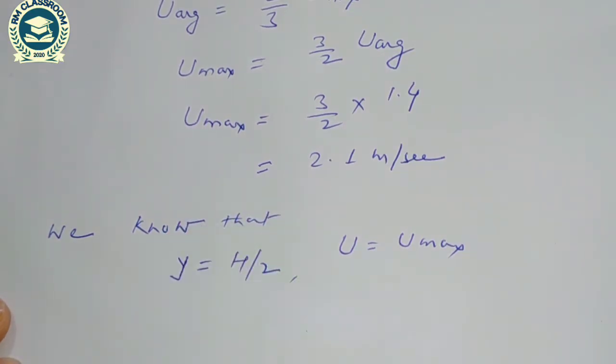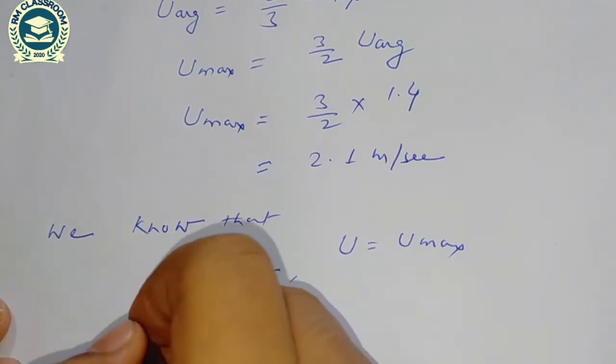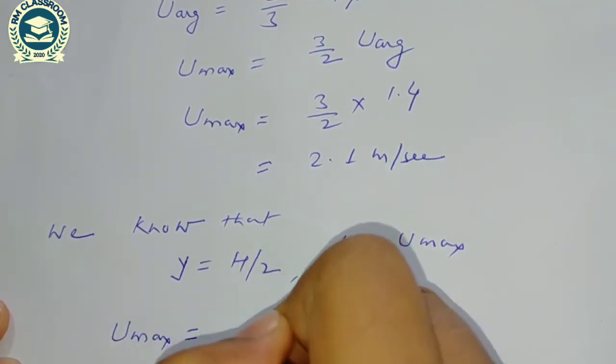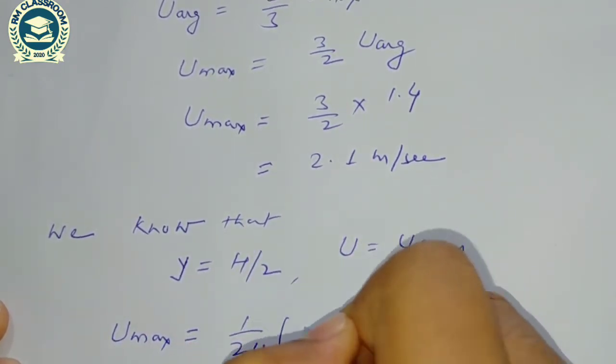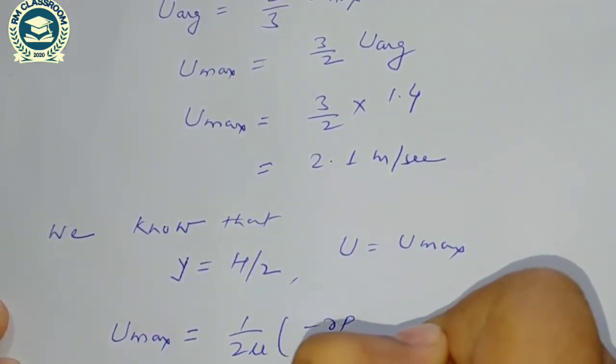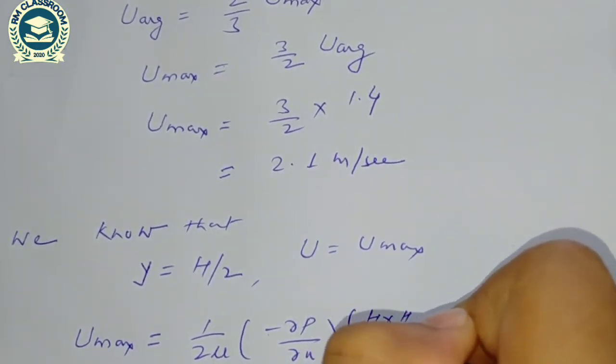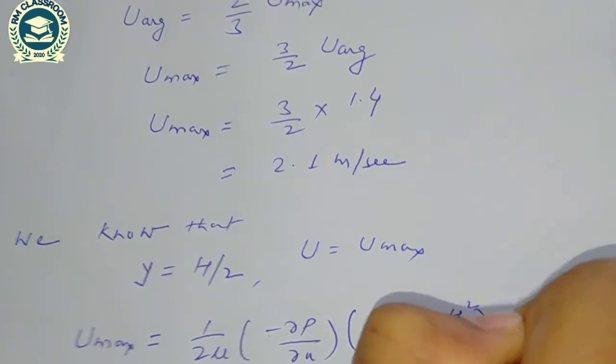So expression of maximum velocity, so u max is equal to 1 by 2 mu minus del p by del x into (h into h by 2 minus h square by 4).